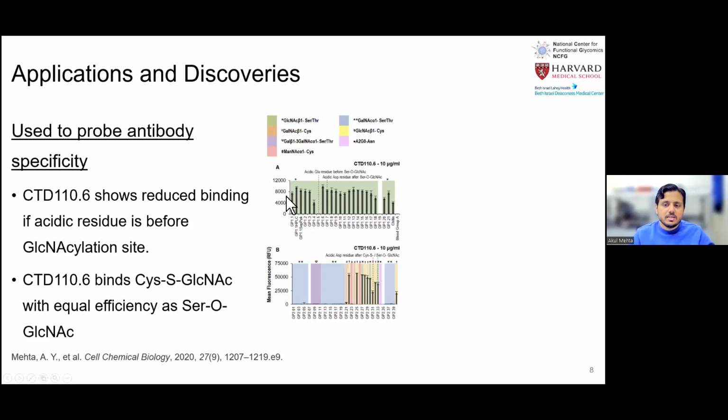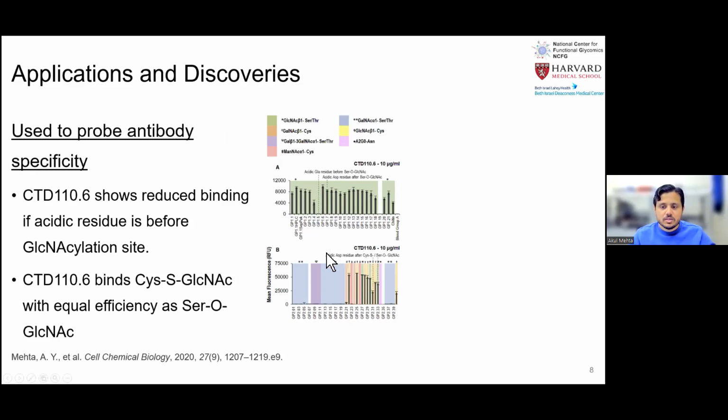So we tested this. The first panel over here is the GP1 library with all the GlcNAc containing peptides. And here you can see that this particular peptide, it had an acidic glutamate residue before the serine O-GlcNAc. And that caused a decrease in the binding for some reason.